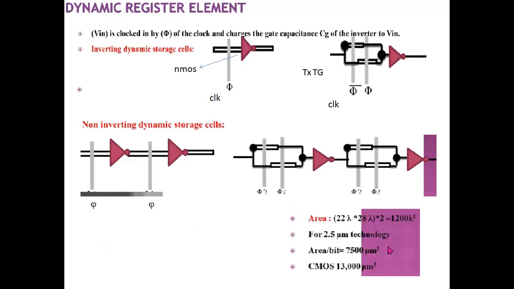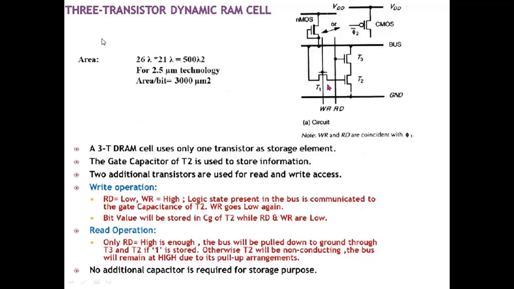We have a stick diagram of the circuit. And we saw the operation of the 3 transistor dynamic RAM cell, where we use T1, T2, and T3, where the input capacitance of the T2 transistor is used to store the value inside the cell, and we have separate transistors, one meant for read and one meant for the write operation.